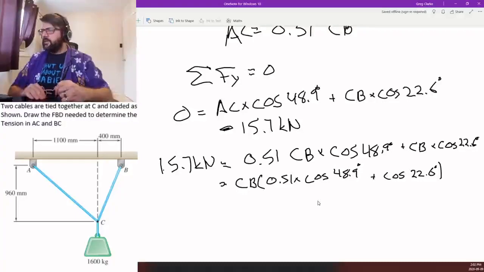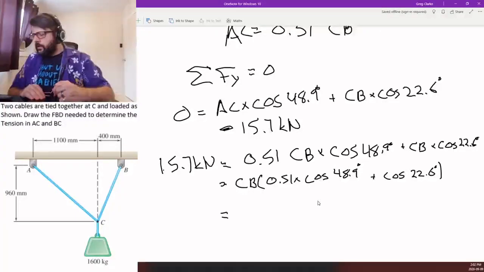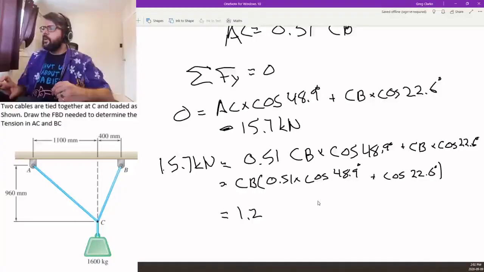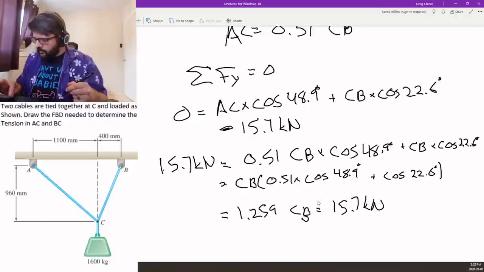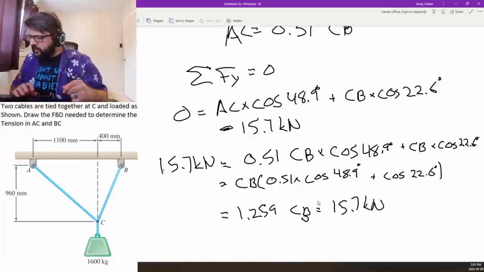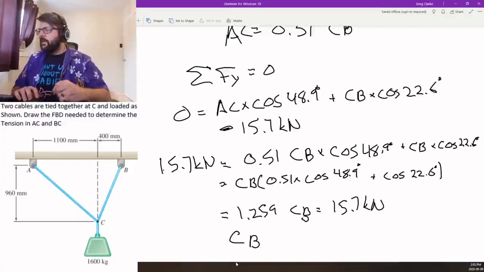That gives us 1.259 CB is equal to 15.7 kilonewtons. So 15.7 divided by that. So CB we get solved for 12.5 kilonewtons.